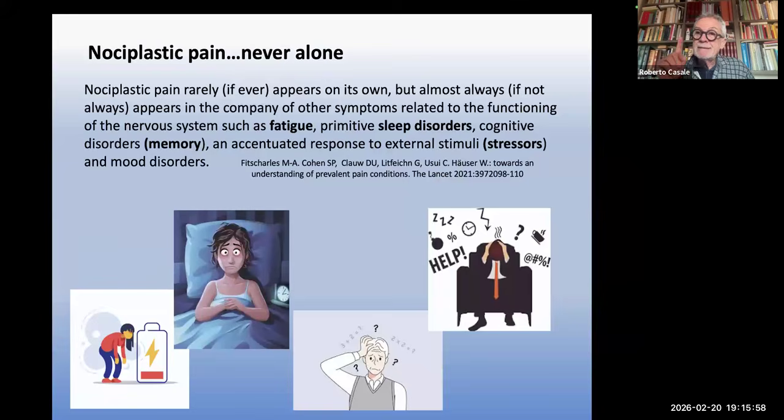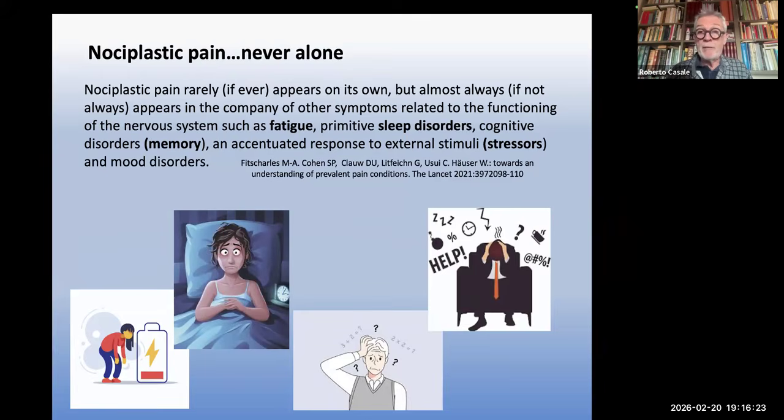But this is a very interesting point, as a nociplastic pain is never alone. They have pain, but they also have a sensation of extreme fatigue. They also have sleep disorders. The sleep is not satisfying, is not restoring.